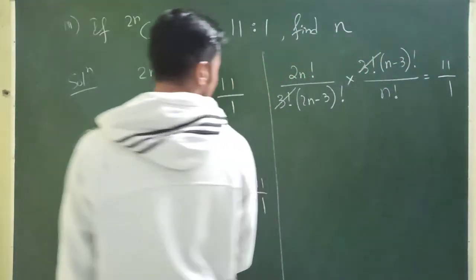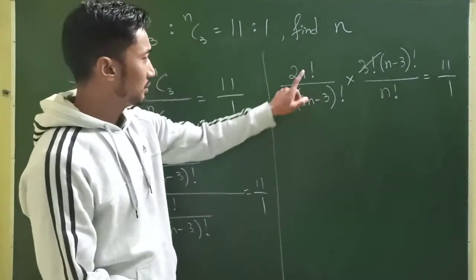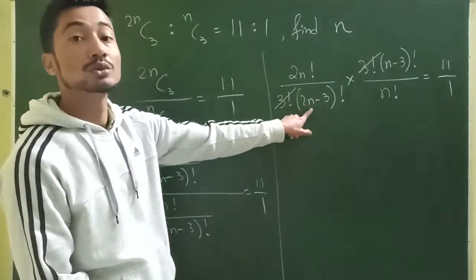Now let's see what we can expand. I think we can expand 2n factorial to get to 2n minus 3.